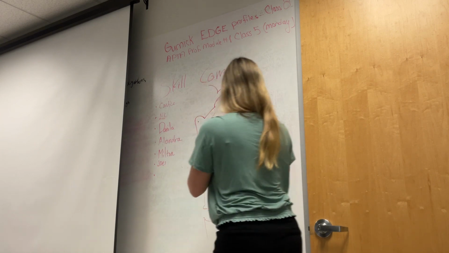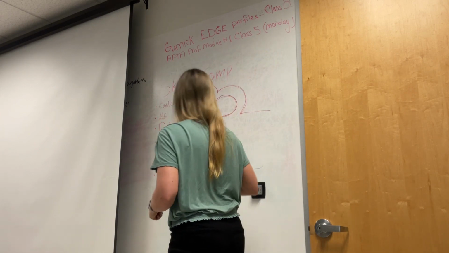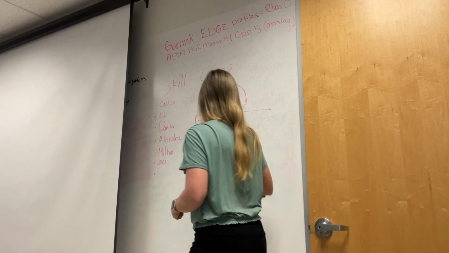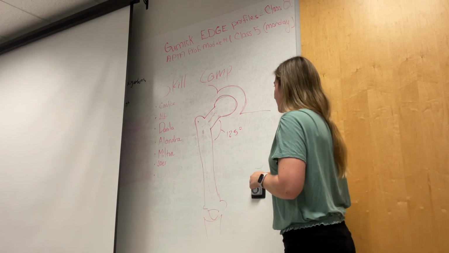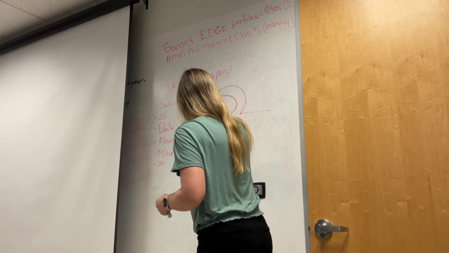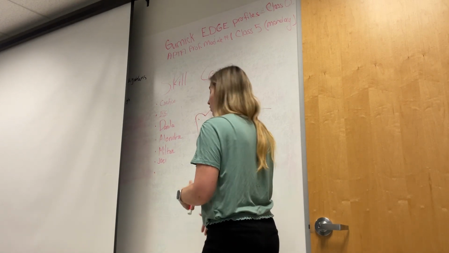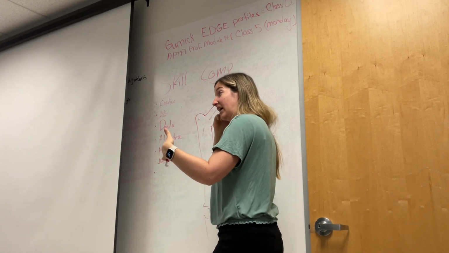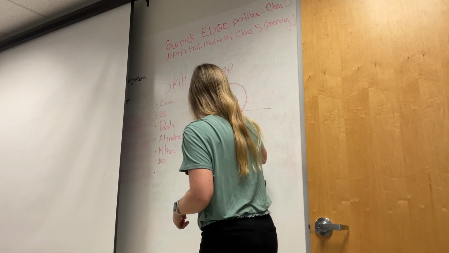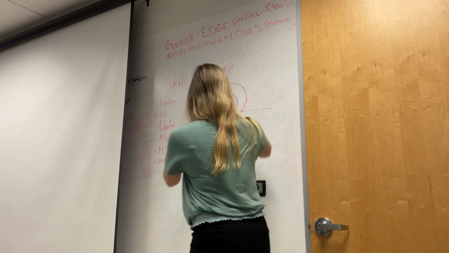There we go. Okay, so what's the normal angle of inclination? About 120, 125 degrees. That angle is important to centering the knee over the tibia so that we don't get knock knees or the opposite, genu varum. So if this angle is too small, let's say this angle is only 105 degrees.